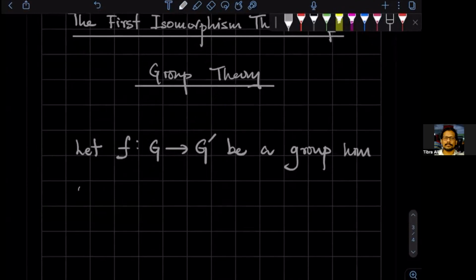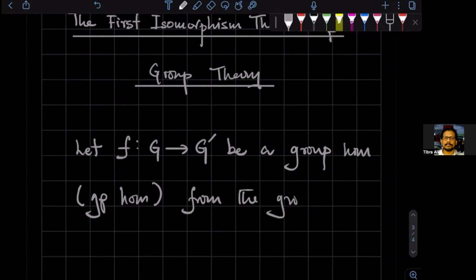So I might, from now on, just use GP for group. And of course, I'm already using hom for homomorphism. From the group G into G prime.